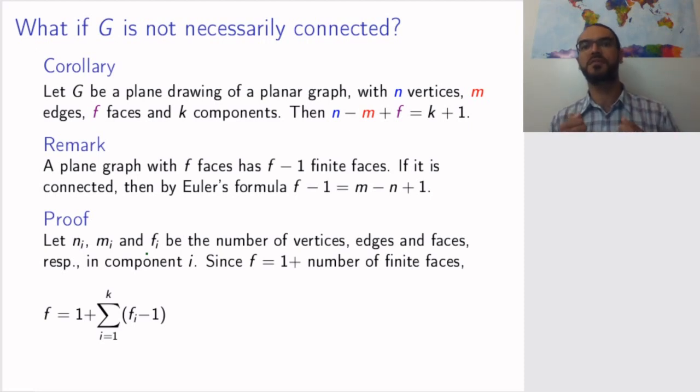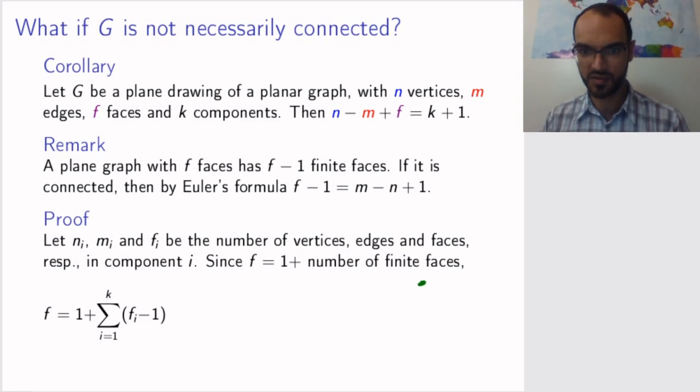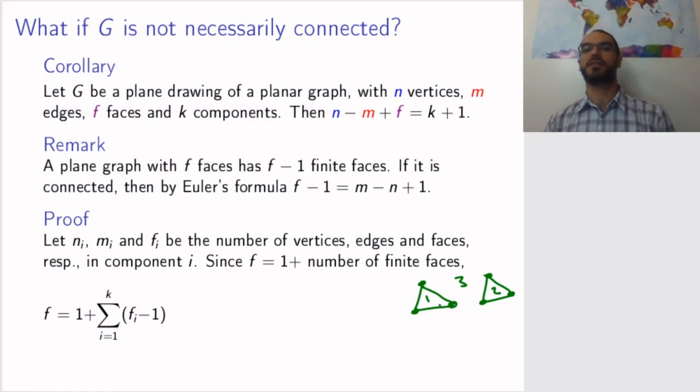So we want to talk about the finite faces. Let me draw an example. Let's assume that our graph looks like this. Then each of these two graphs has a finite face and an infinite face, but the total graph has 2 finite faces and 1 third face that is infinite. So I want to say something about the finite faces.